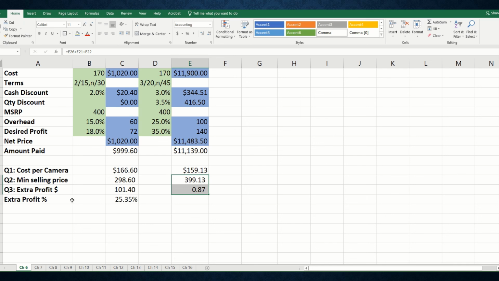And the extra profit that's going to be made if they sold it for Staples at $400 equals 87 cents, or the extra profit divided by the MSRP. Okay, so they would make no extra profit percent because it's only 87 cents.